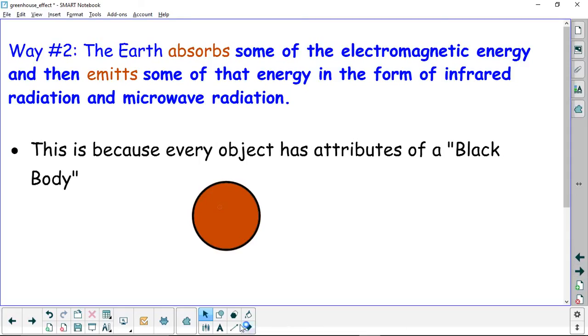So what I'm going to diagram here is that the energy from the sun will actually go into the Earth, and then what happens next is that energy will transform and then radiate out into the surroundings from inside of the Earth's core there. And this is due once again to the nature of the Earth being a black body emitter. So what is a black body?